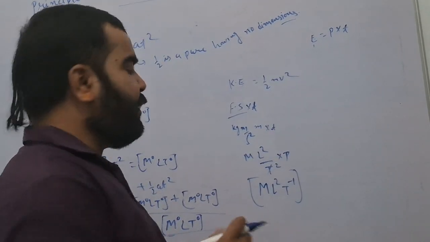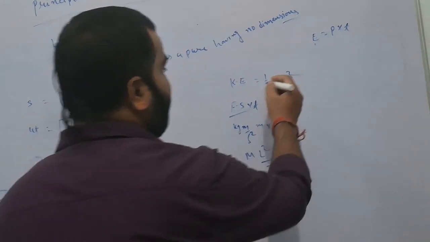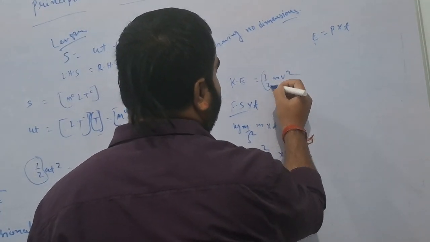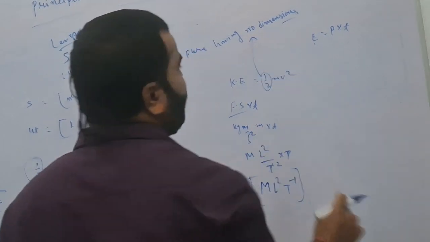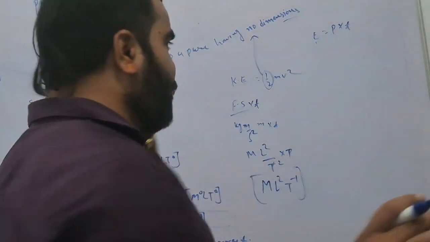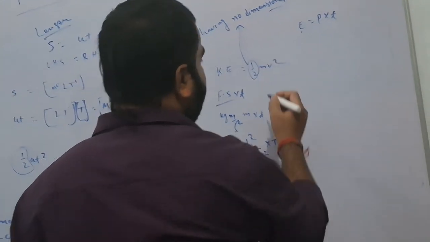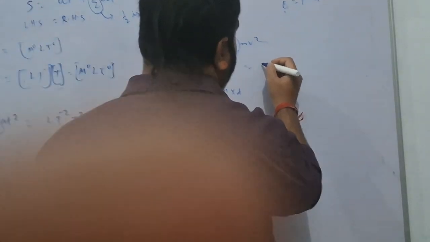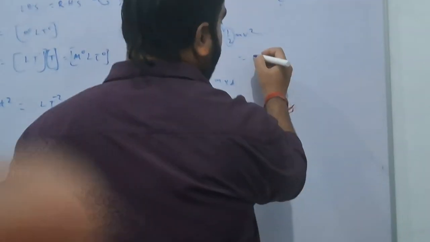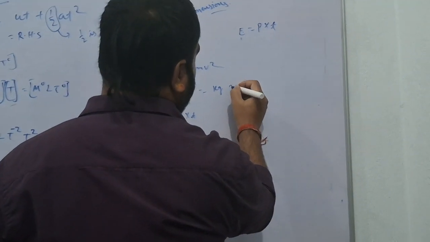Now, as we have already discussed, any pure number has no dimensions, meaning dimensionless, so the 1/2 does not matter here. Now m is the mass in kg, and v is meter per second.